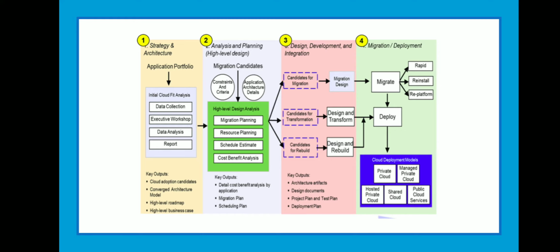So what you need to do is just a simple initial cloud fit analysis, and you have to look at the inventory, conduct executive workshops, data analysis, and then reporting. So as I said, there are various steps involved in performing a cloud fit analysis, from data collection to reporting. And you have to understand the pain and gain associated with moving the applications to the cloud.